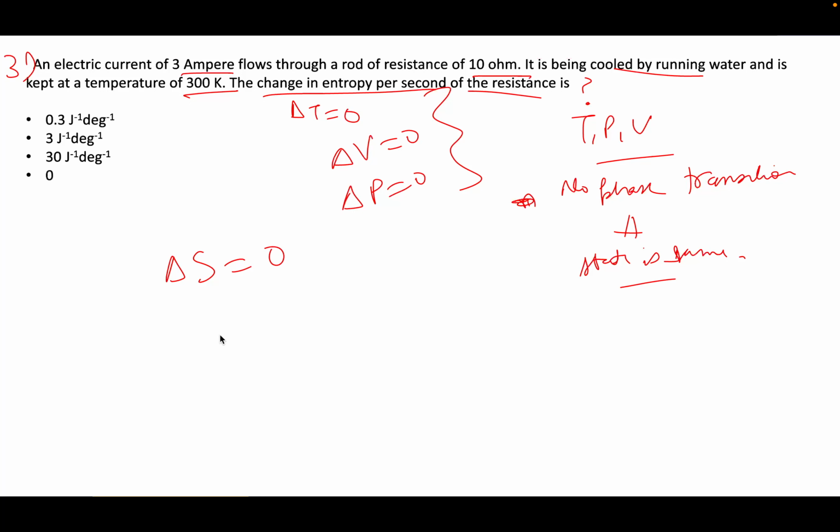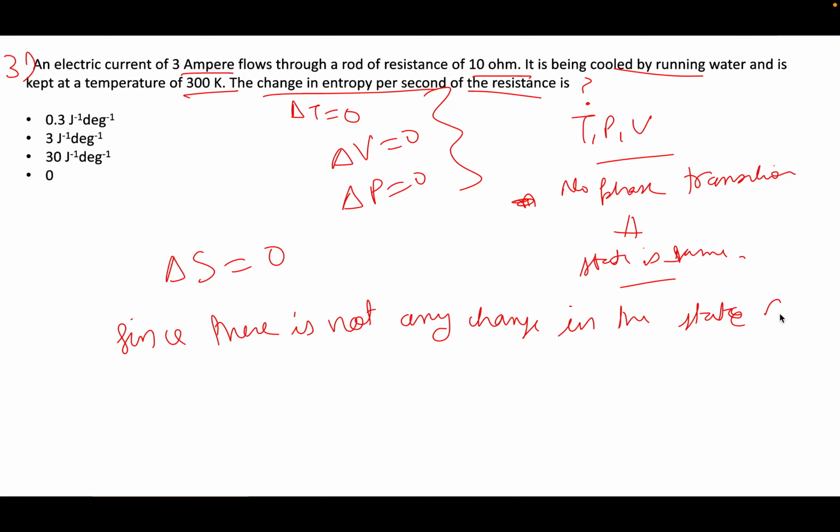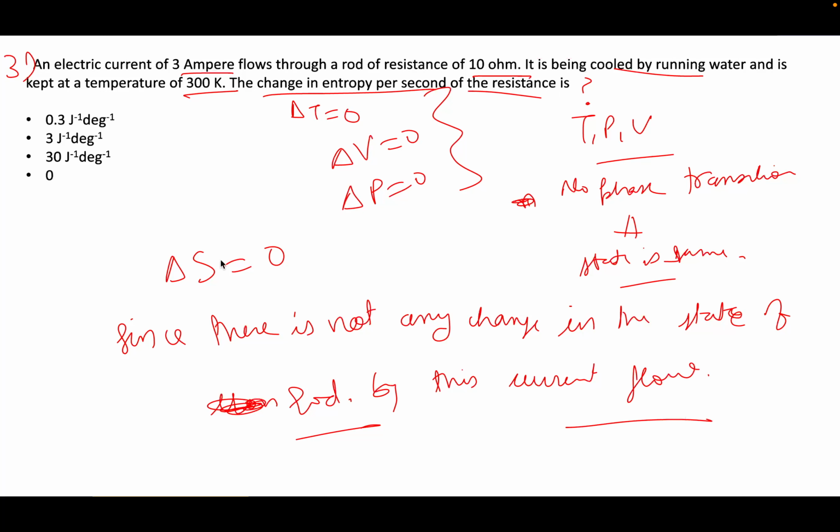So delta S is 0 since there is no change in the state of the iron of the rod by this current flow. So we can say that delta S is equal to 0.